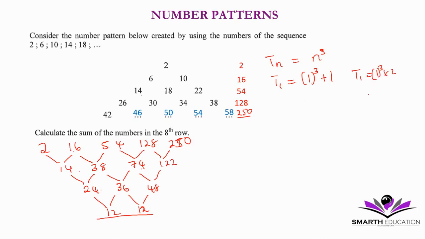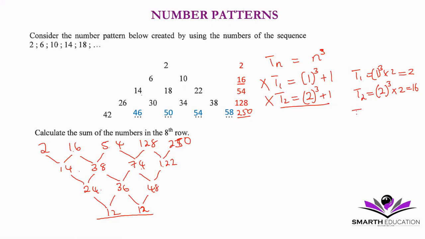Let's see which one will work for the second one. T2 is going to be 2 cubed. 2 cubed plus 1, we get 9. So this one is out. Let's try this one. Then T2 is equal to 2 cubed, which is 8, times 2. We get 16. This one seems to be working.